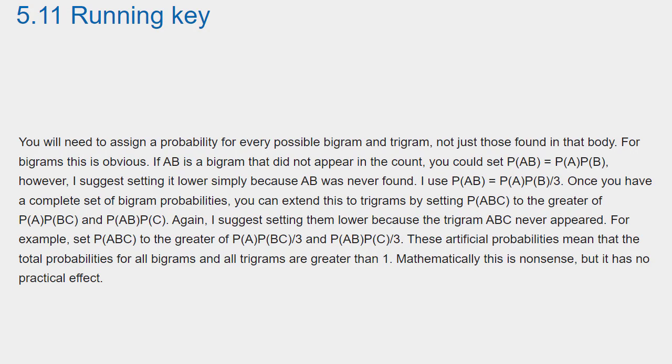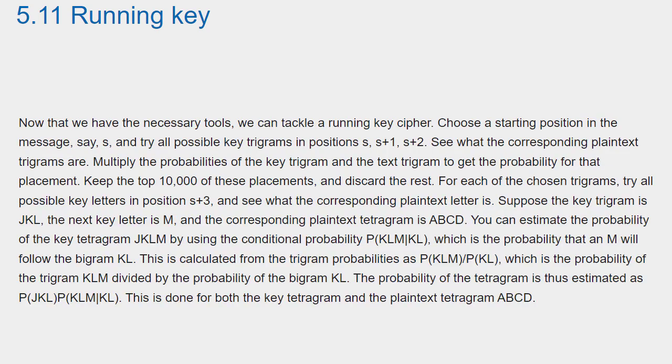Again, I suggest setting them lower because the trigram ABC never appeared. For example, set P(A, B and C) to the greater of P(A) times P(B and C) over 3 and P(A and B) times P(C) over 3. These artificial probabilities mean that the total probabilities for all bigrams and all trigrams are greater than 1. Mathematically, this is nonsense, but it has no practical effect.